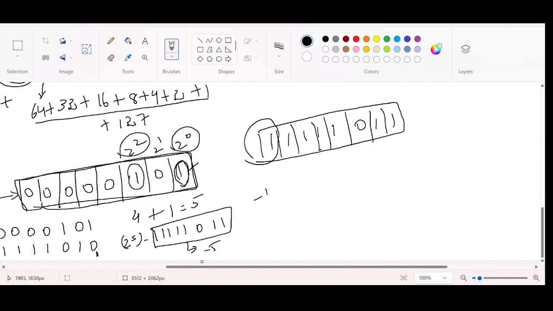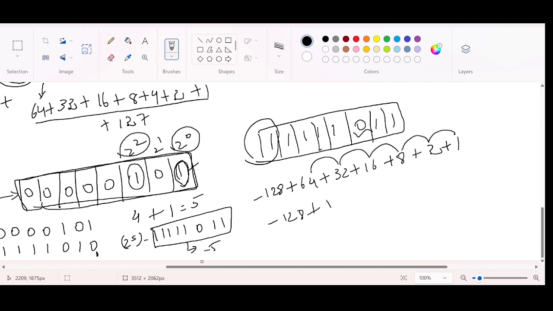So in this case, -128 plus 64 plus 32 plus 16 plus 8 plus, we will not consider this, we will ignore 4 plus 2 plus 1. After doing this evaluation, 64, 32, 96, 112, 120, 123. We get -5. Making sense?